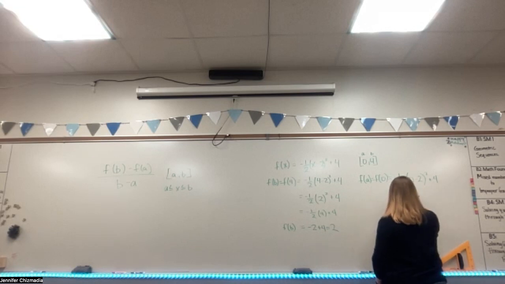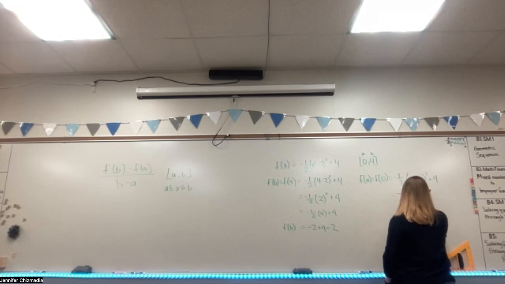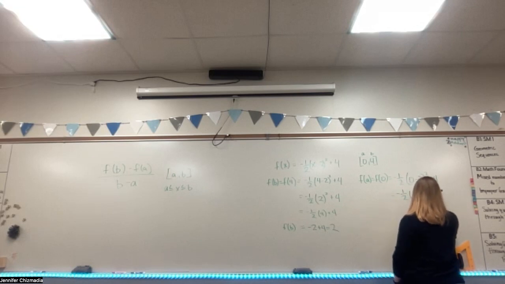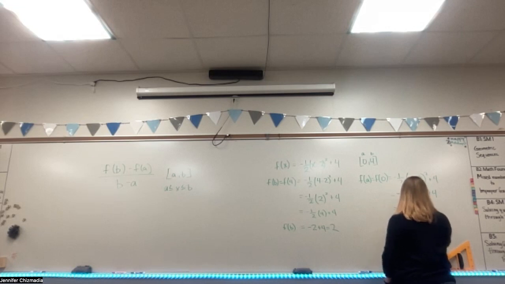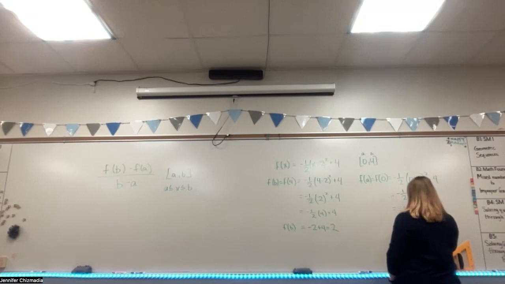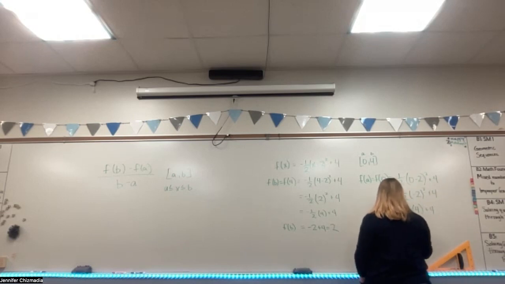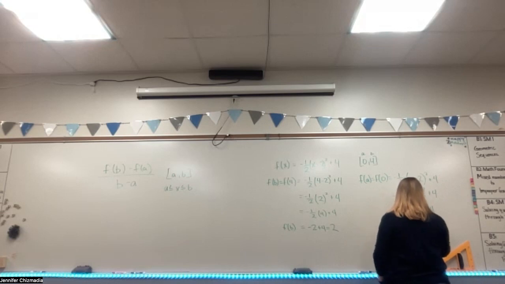So 0 minus 2 is negative 2. Negative 2 squared is 4. Negative 1/2 times 4 is negative 2. Okay, this 4 is just 2.